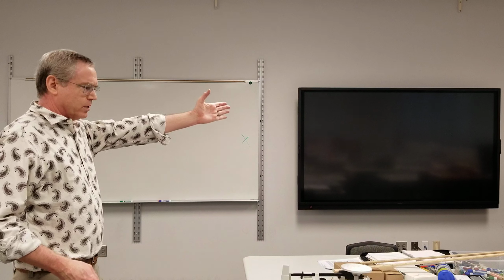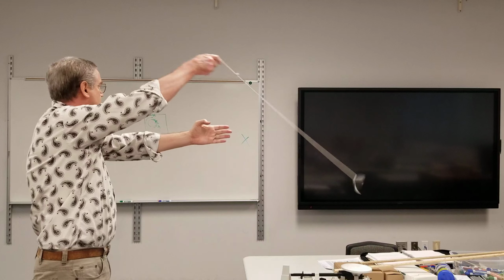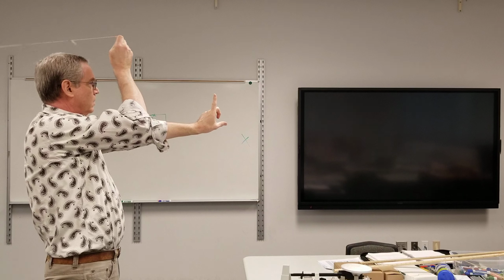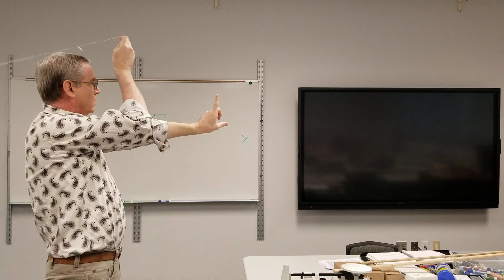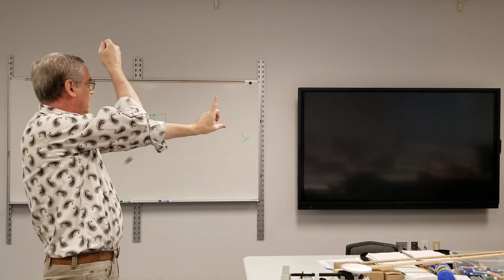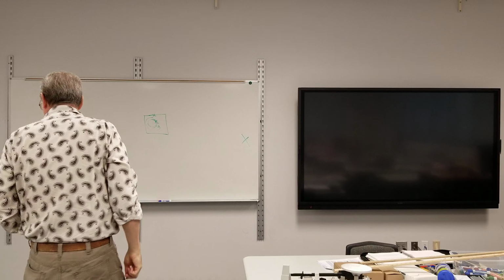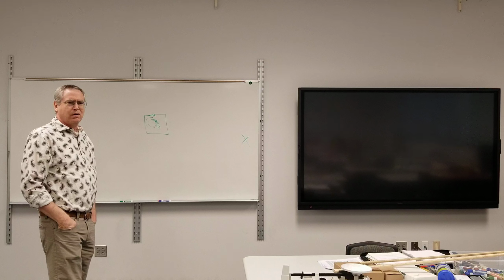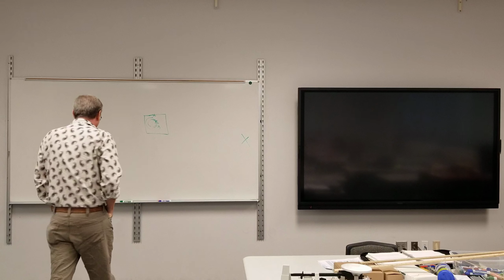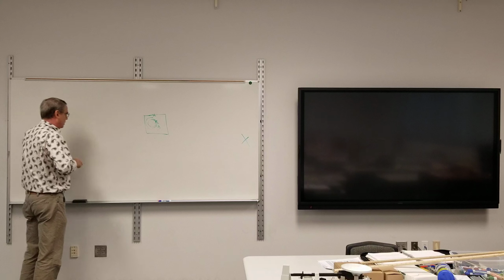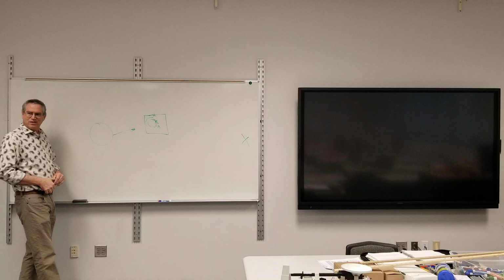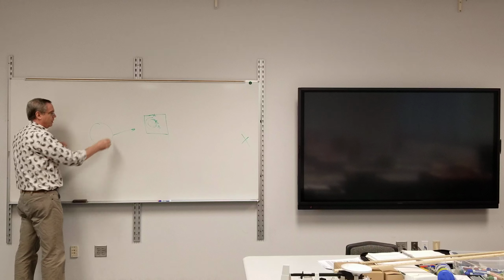I'm just going to do some generic spot over here. So when I release it, which way does it go? Straight. Wherever you release it, it'll continue in that pattern.